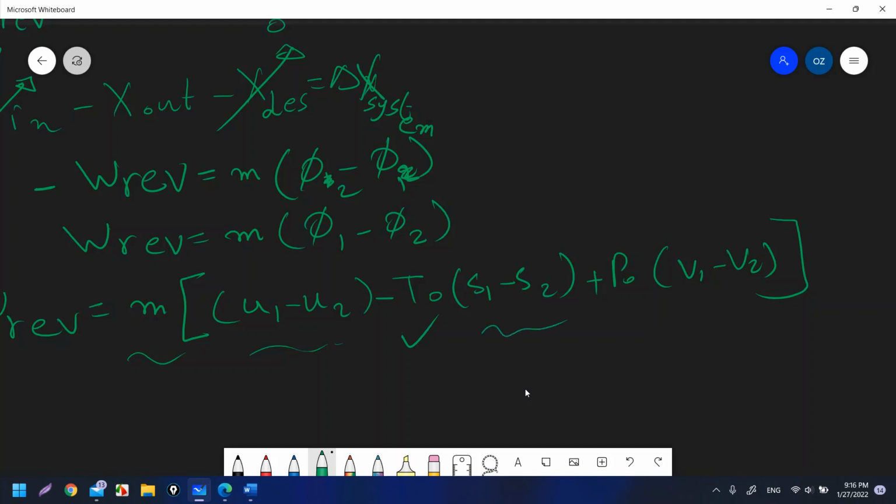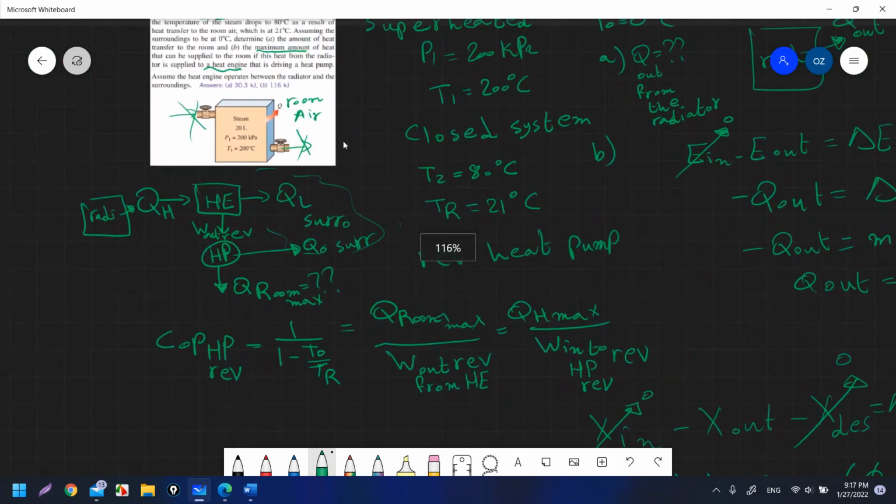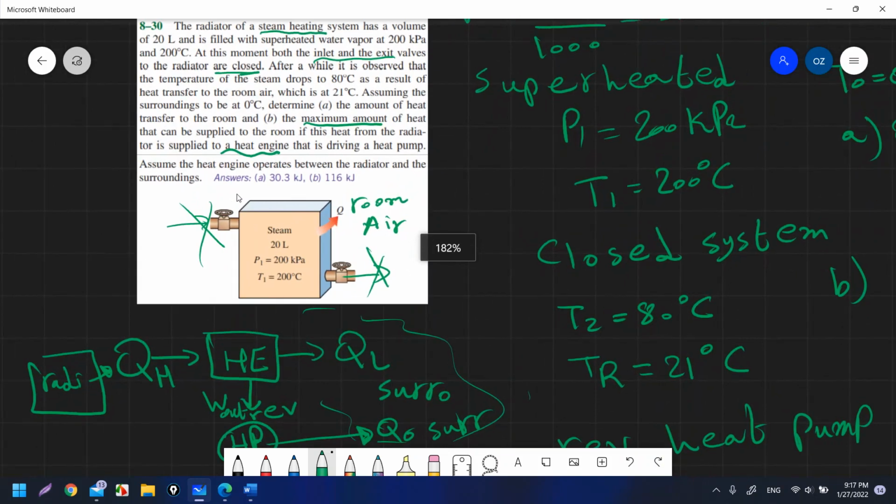I don't have the entropy. Do I have the pressure? I don't have the pressure. Of course, I don't have the V1 and V2. But you can see from the question, from the figure, there is no change in the volume. That is not a piston cylinder.